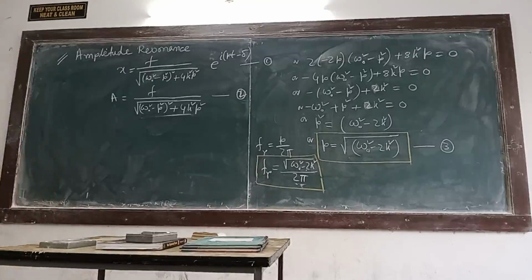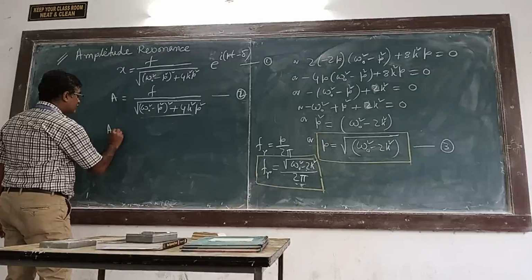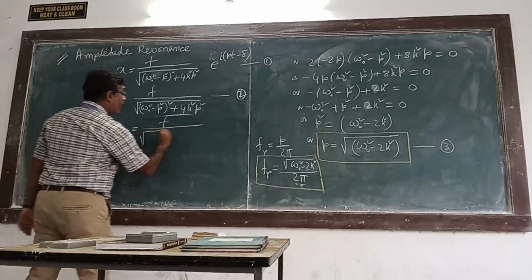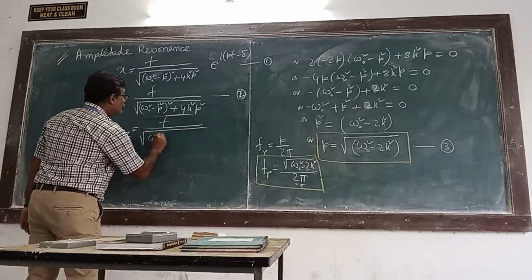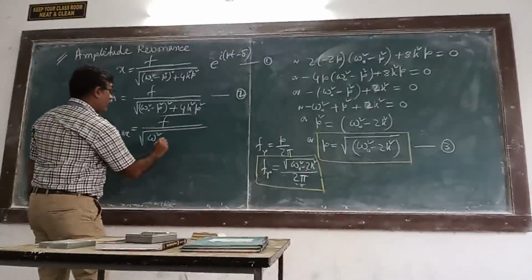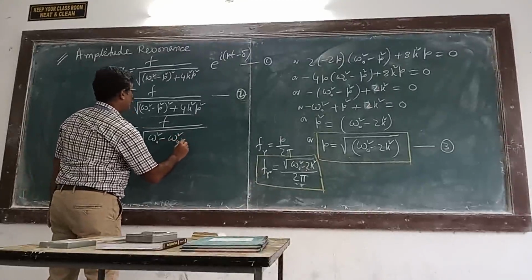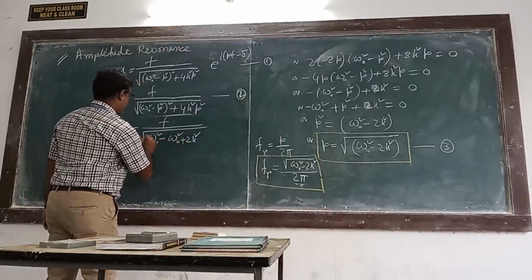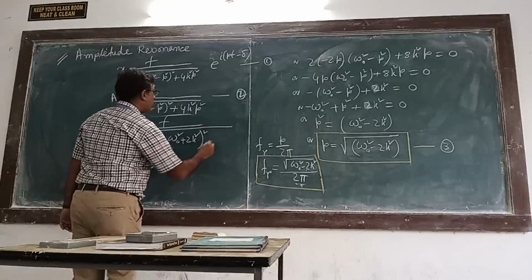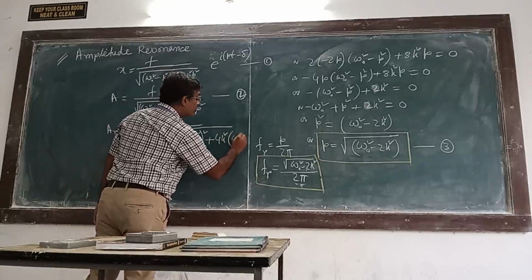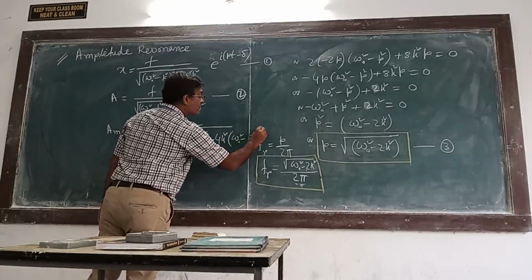Therefore, the maximum value of the amplitude is A max equals F by root over omega 0 square minus P square whole square plus 4k square P square.